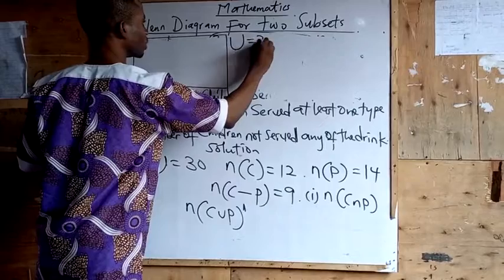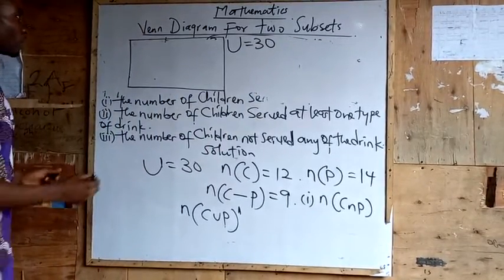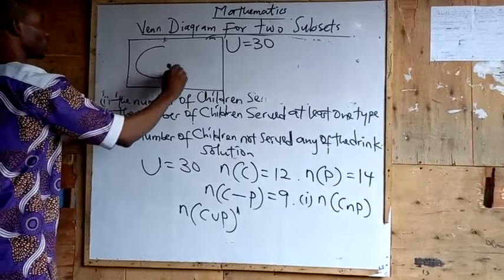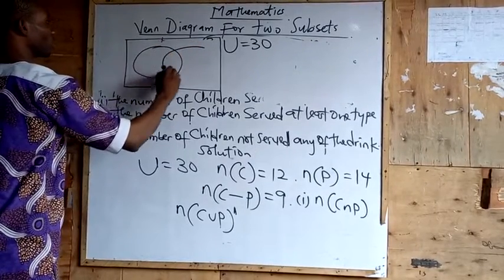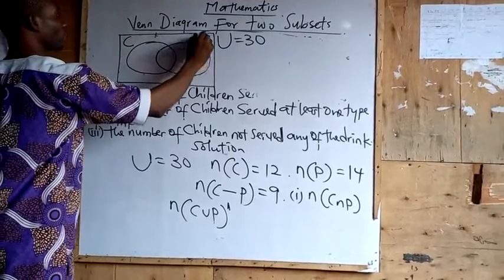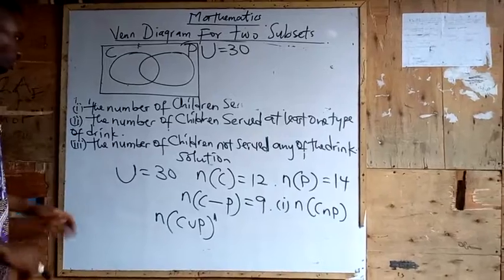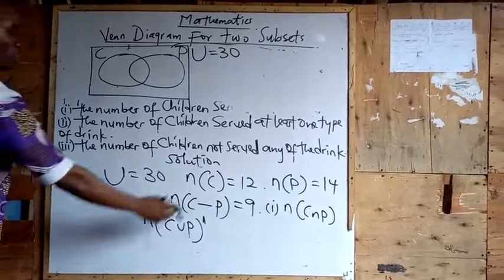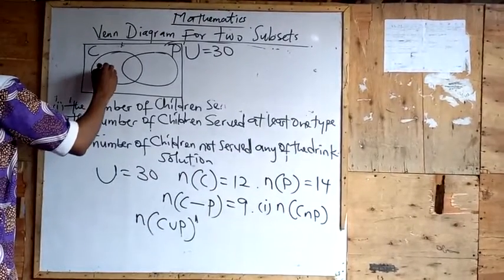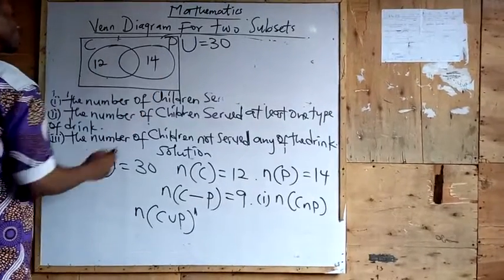That is 30. And we are given two subsets, Coca-Cola and Pepsi. This one can represent our Coca-Cola, this one can represent our Pepsi. The number of Coca-Cola is 12. The number of Pepsi is 14.